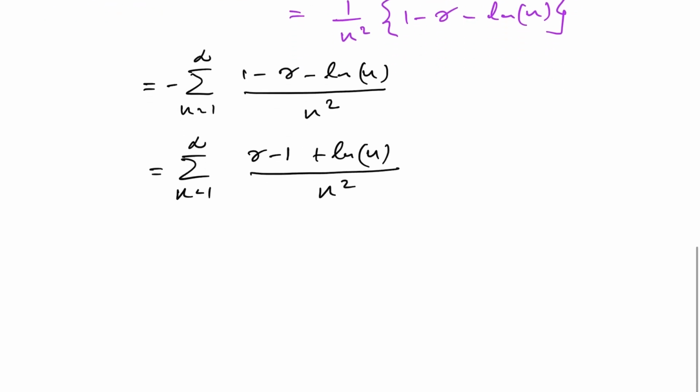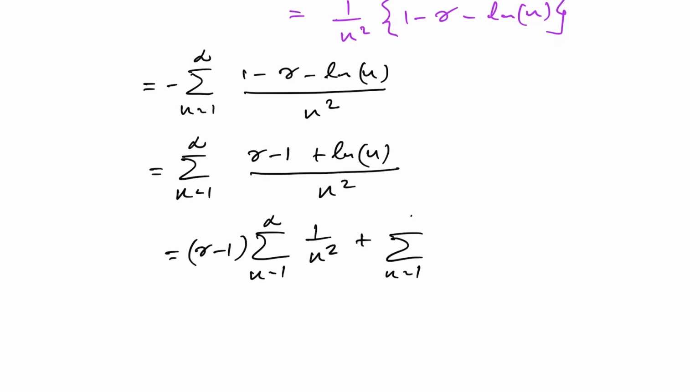Then we can split this infinite sum into two different sums. Here gamma minus 1 we can take outside of the sigma notation, and here we have the sum from n equals 1 to infinity of 1 over n squared, plus the sum from n equals 1 to infinity of natural log of n over n squared.